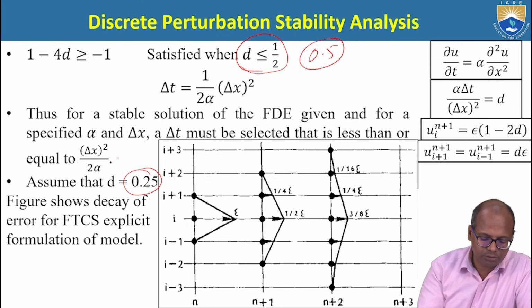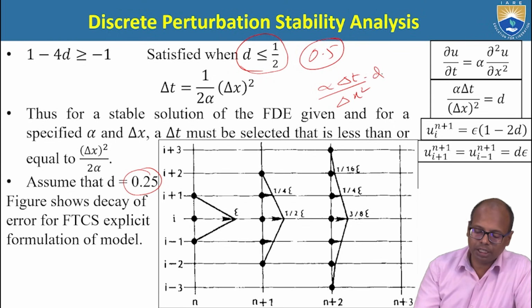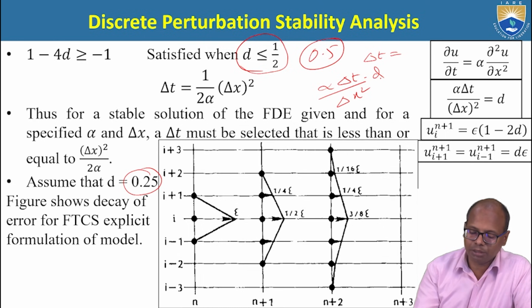d is alpha delta t by delta x square. I am taking the d value as 0.25 and using that in deciding the time step.